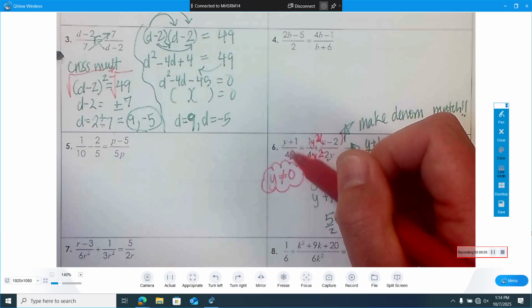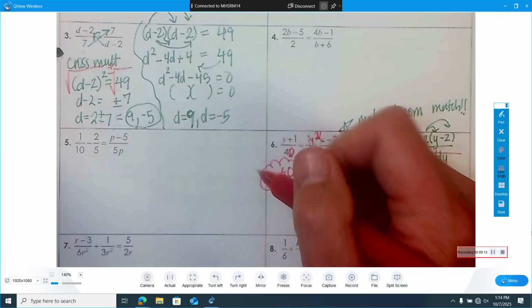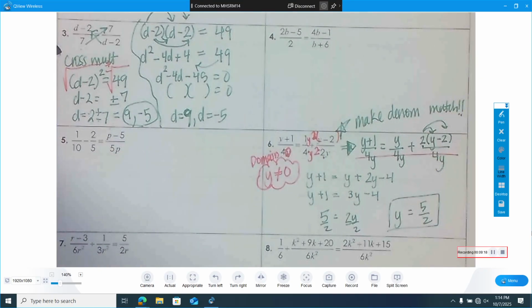Because if this was a 0, this would be 4 times 0, and I'd have a 0 in the denominator. Are we allowed to divide by 0? No. This is a domain problem, and we're going to talk a lot more about domain. And it's important, I like to just bring it up. We're not terribly focused on this today, but it will come up.